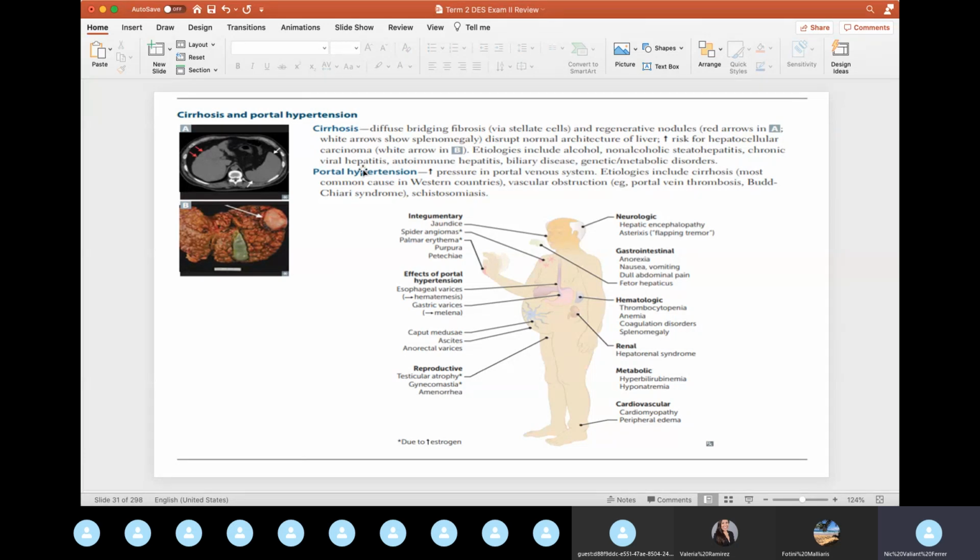How about portal hypertension? This is an increase in pressure in the portal venous system. So what are the etiologies? What can give you portal hypertension? Cirrhosis, this is the most common cause, high yield in Western countries.